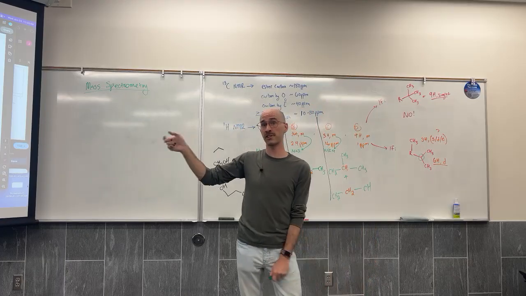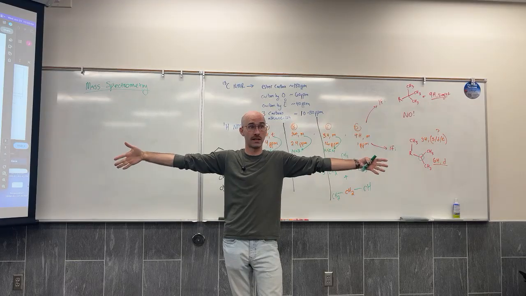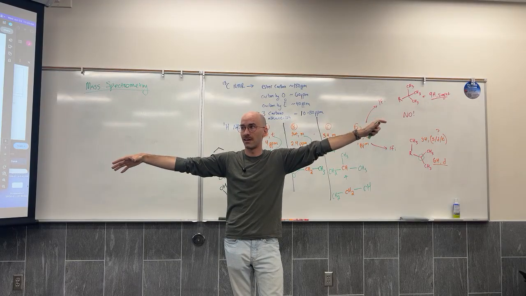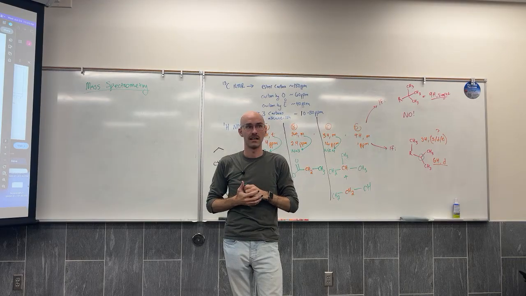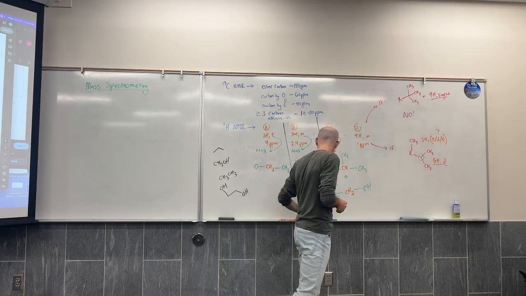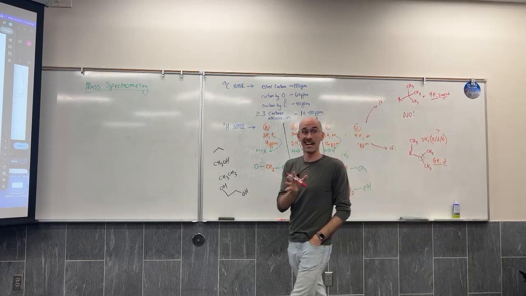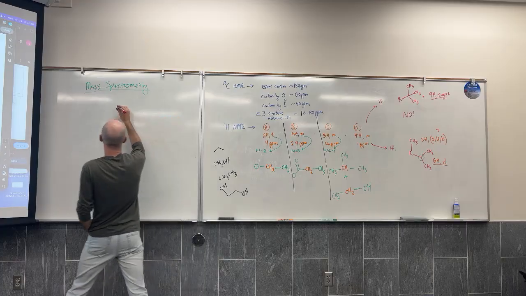So what does the spect mean again at the start of the word? Spectrum, a range. And what does the metry mean? Measurement. Right, like other types of metry. All right. So this is actually not a type of spectroscopy because no light is involved.